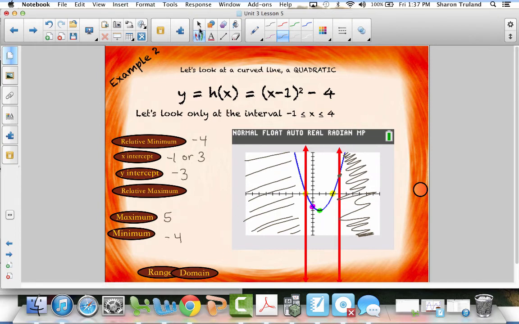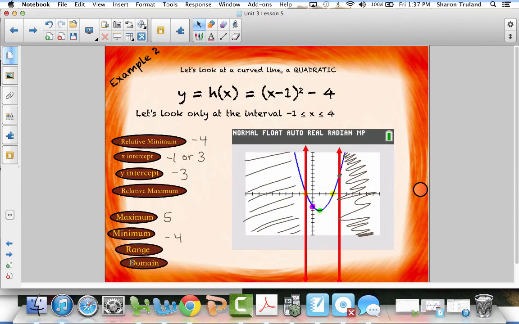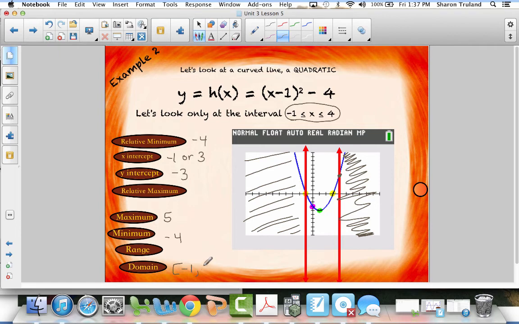Now the range and the domain, those are interesting. The domain are the x values. And according to us, we only wanted to look at this picture from -1 to 4. We restricted the domain. We didn't care about all this over here, and we didn't care about all this over here.